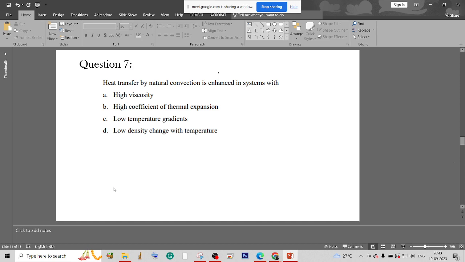Okay, so obviously let us eliminate terms. Low density change with temperature, no, this won't come here, right?